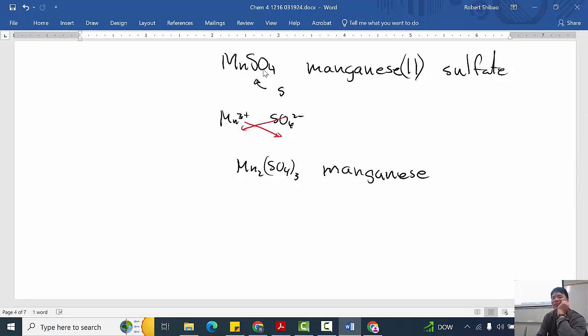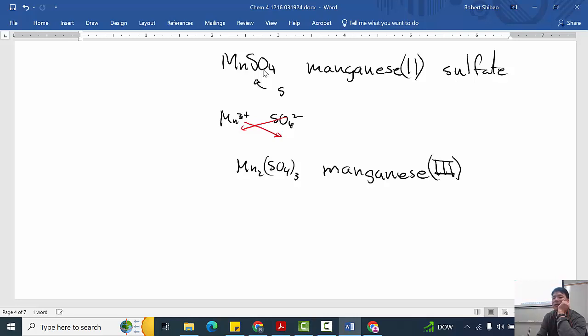Did you call it dimanganese trisulfate? We use dimanganese trisulfate for binary molecular compounds. This is an ionic compound, so we name the cation. What's the name of the cation? Manganese 3, and it's sulfate.